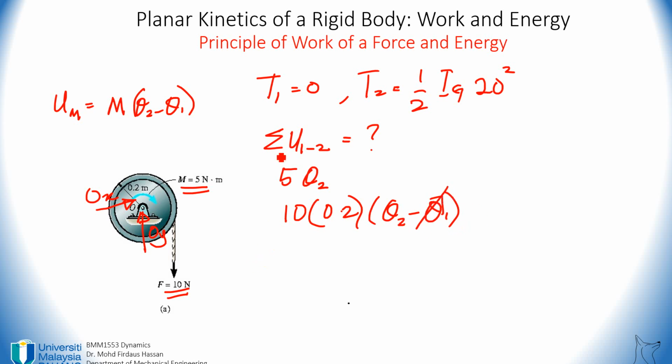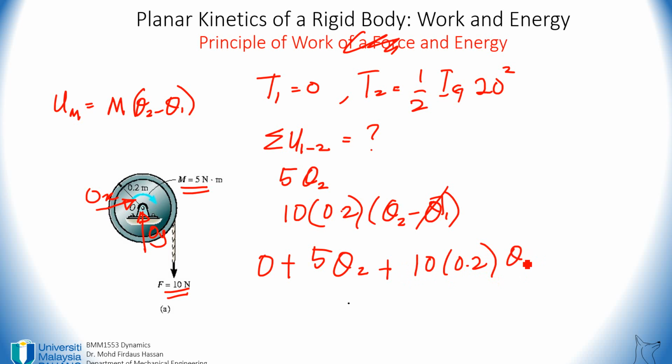You can arrange the equation of the principle of work and energy here: T1 is 0, plus 5 theta 2, plus 10 times 0.2 times theta 2, is equal to T2.